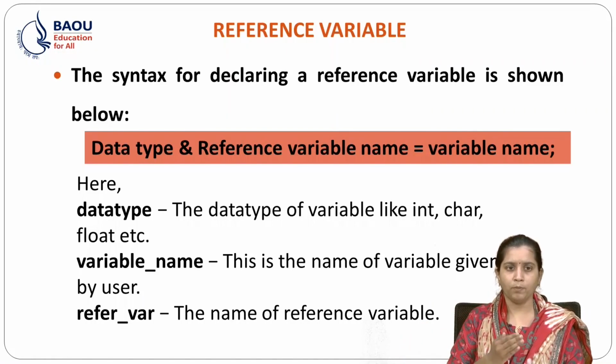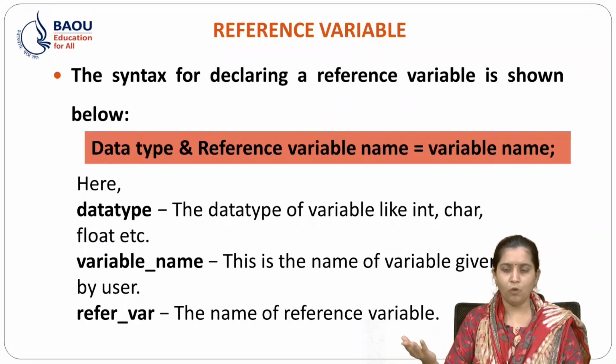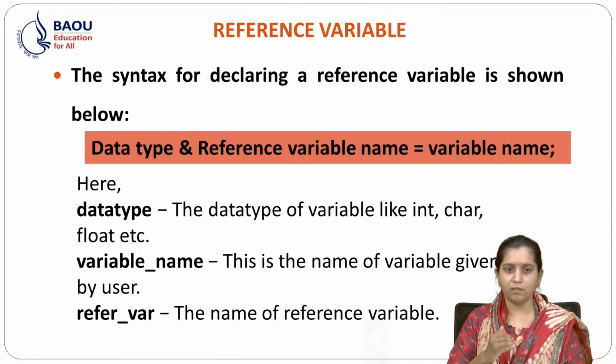So data type of a variable like int, character, float, etc. Variable name, this is the name of the variable given by the user. And reference variable, that is the name of the reference variable.